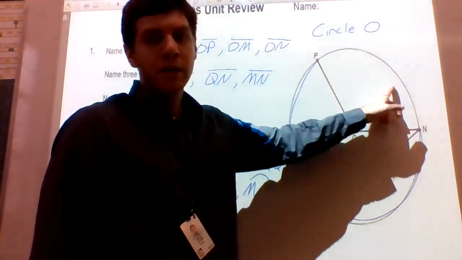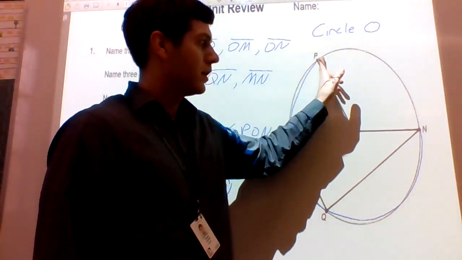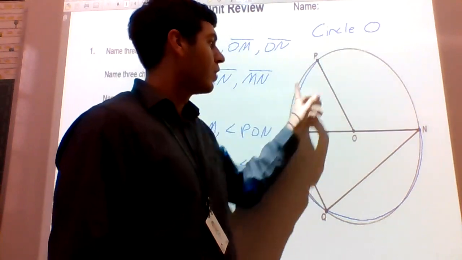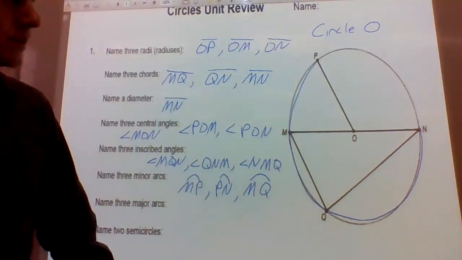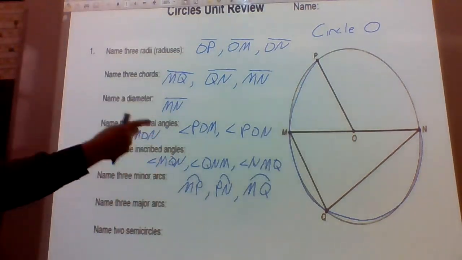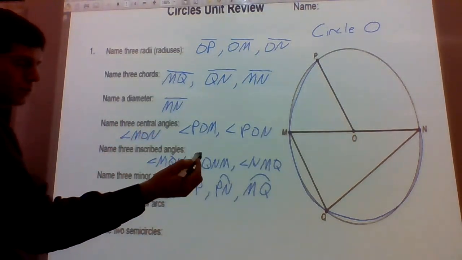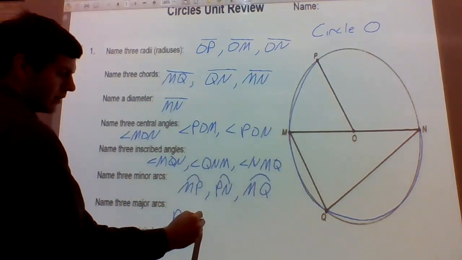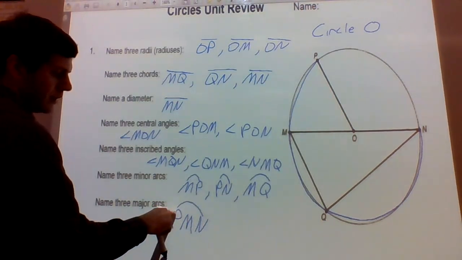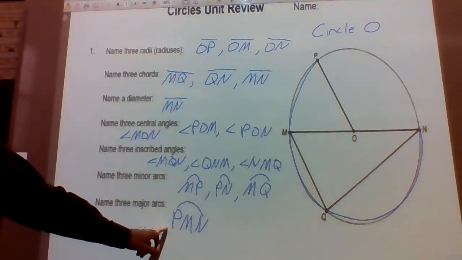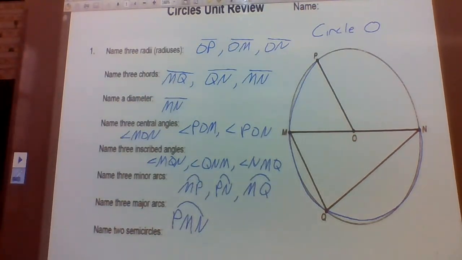If you go the short way, you just call it arc PN. If you're going the long way, you have to pick one of the other points, either M or Q. Let's use M. So P, M, N, linking P to N going through M. We could have easily said P, Q, N as well.